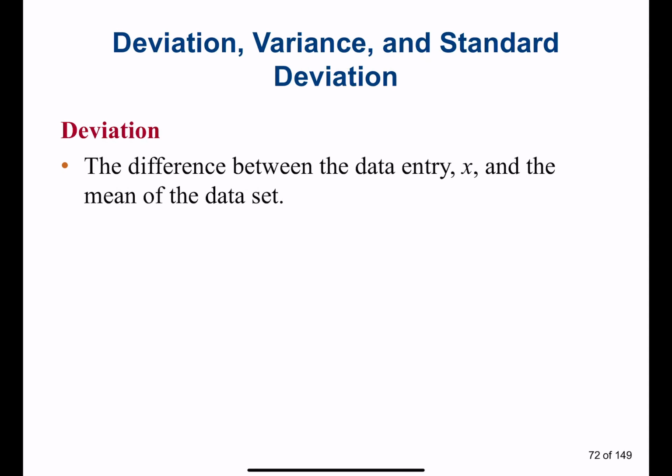Deviation. Let's understand what deviation is. Deviation is the difference between a data entry x and the mean of the data set. So, shortly saying, deviation is an error.